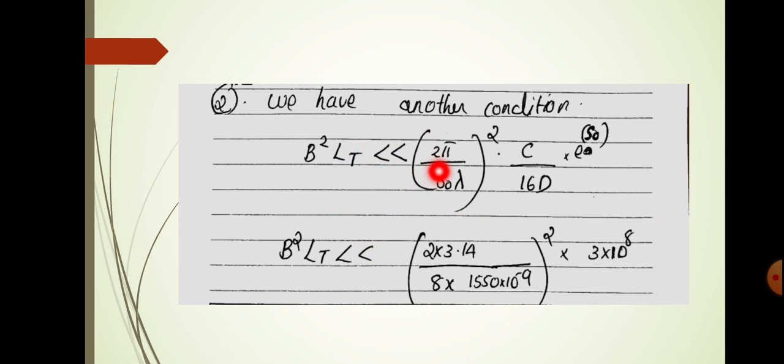So we have quantities S0, lambda, C and D. We can substitute here, so that we will get the value of B square LT will be very much less than 2 into 3.14 divided by 8 into 1550 into 10 raised to minus 9, since it is in nanometer, so we have to convert it into meter, that is (1550 into 10 raised to minus 9) whole square into 3 into 10 raised to 8 into e raised to 8. Actually I forgot to put the e raised to 8 here.